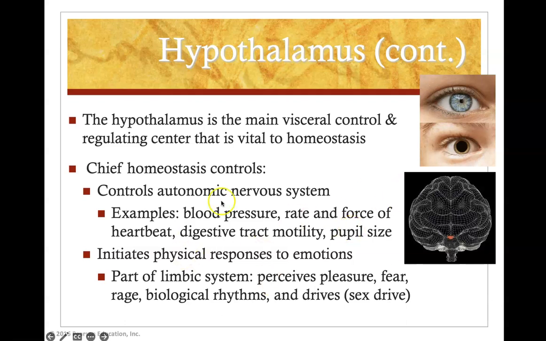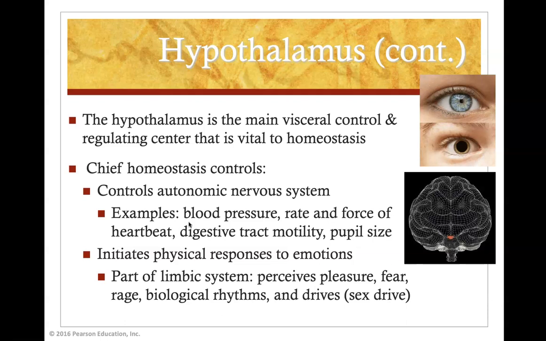So the hypothalamus is the main visceral organ control center, as well as a center that is really vital to maintaining homeostasis in our body. Again, it's going to ultimately control autonomic nervous system functions like blood pressure, rate and force of heartbeat, digestive tract motility, and pupil size.